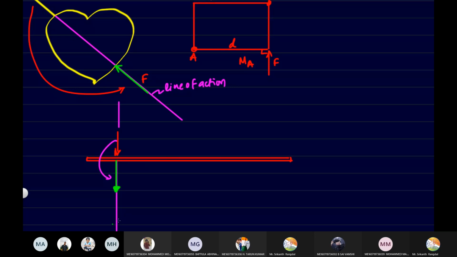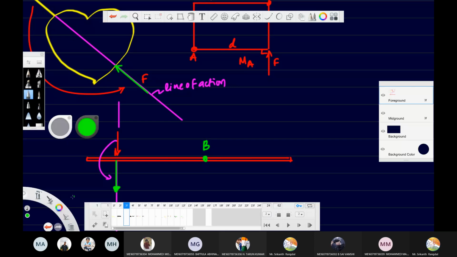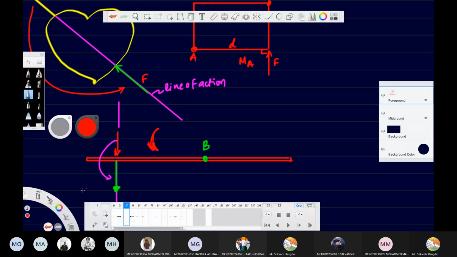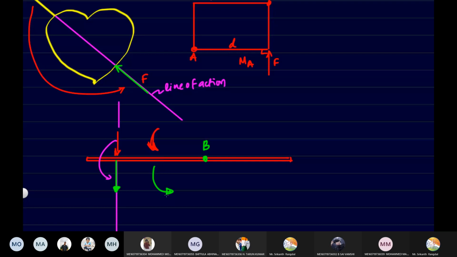So the vertical and horizontal will remain the same. And when we are taking moment about some point, how is the red force turning it? It is turning it anti-clockwise. And how is the green force turning it? Again, anti-clockwise. So it doesn't have any effect. Okay.